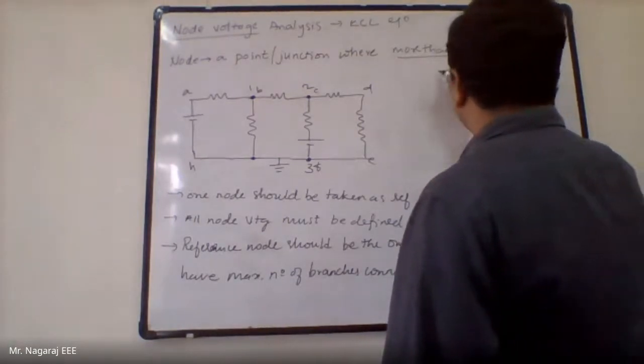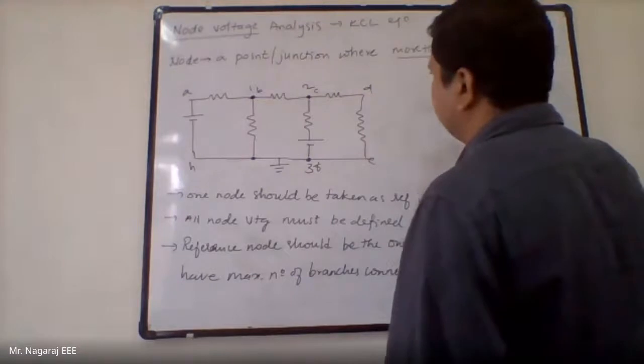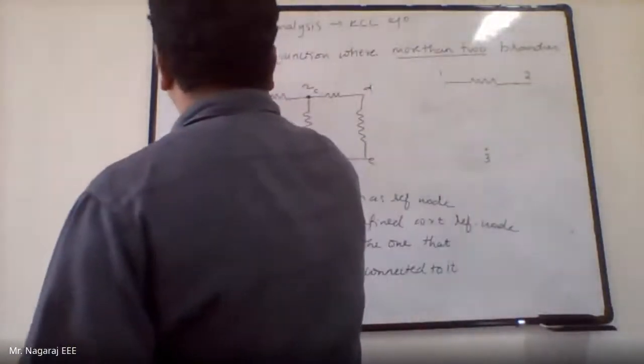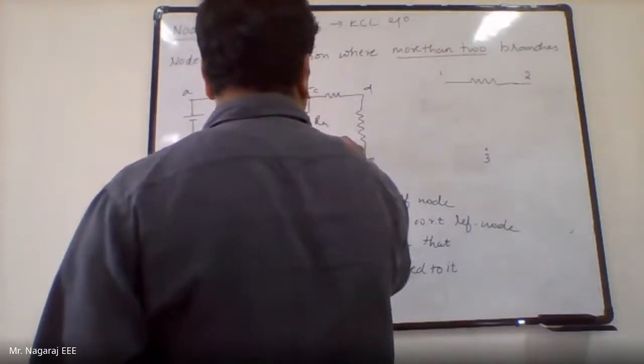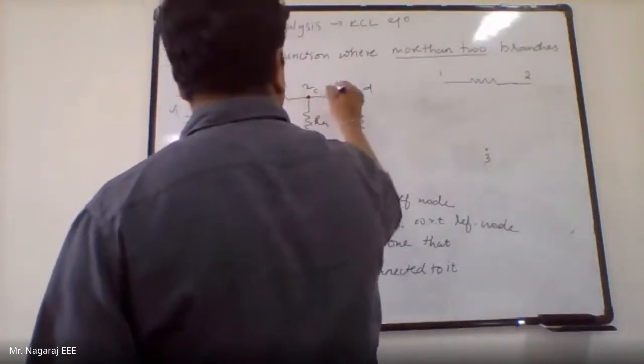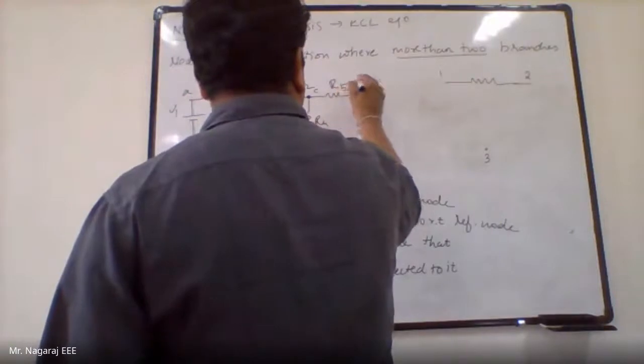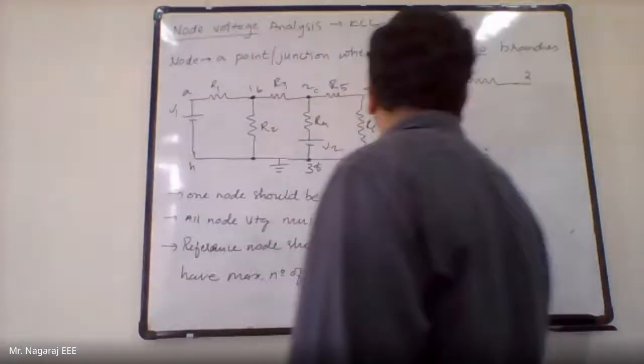This is node 3, this is node 1, node 2, R1, R2, R3, R4, V2, V1, R5, R6.